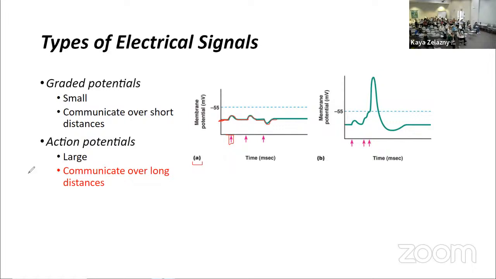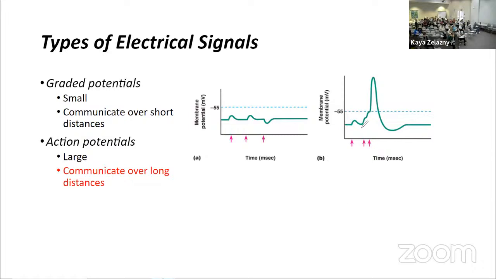When we think about our action potentials, an action potential is always going to look like this exact curve, pretty much, and in that exact order. An action potential is big, and it's a specific amount of big. It peaks at +30.